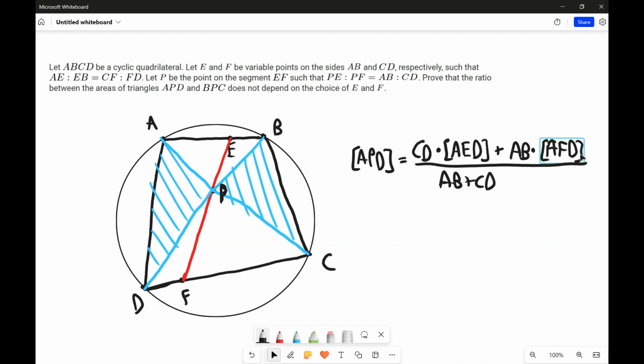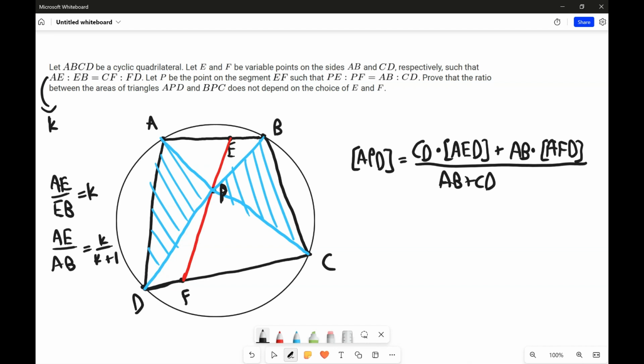At this point, we now need to use this fact over here. We could set this common ratio to be something like k, where k is some real number. And so in particular, we set AE over EB equal to k. Then this obviously means that AE over AB is equal to k over k plus 1.